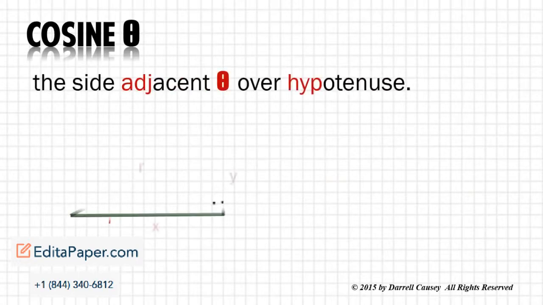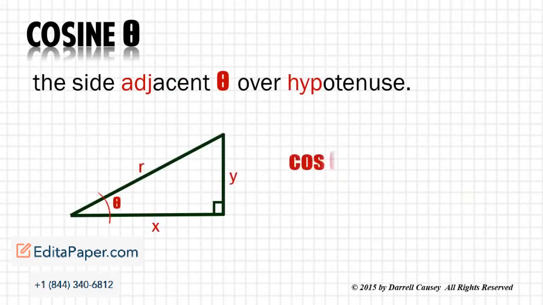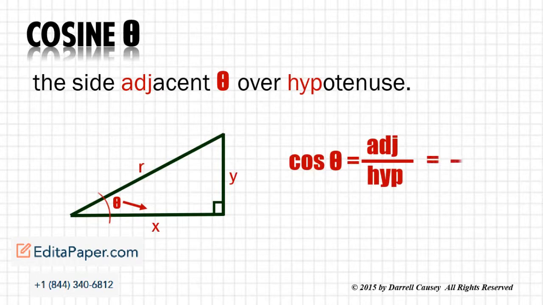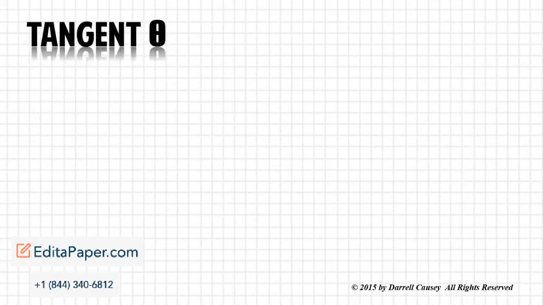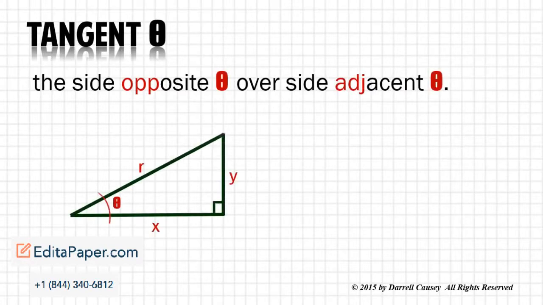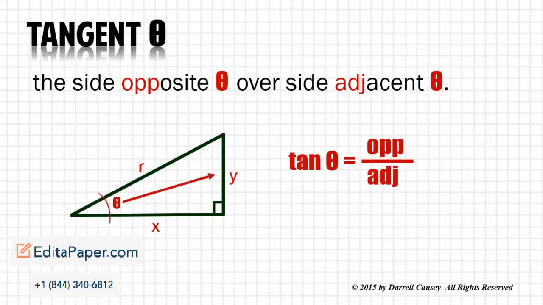Cosine is the side adjacent theta over hypotenuse. Cosine theta is adjacent over hypotenuse, which, as you can tell from our triangle, is x over r. And then tangent is going to be the side opposite over the side adjacent. And tangent theta is opposite over adjacent, which equals y over x.